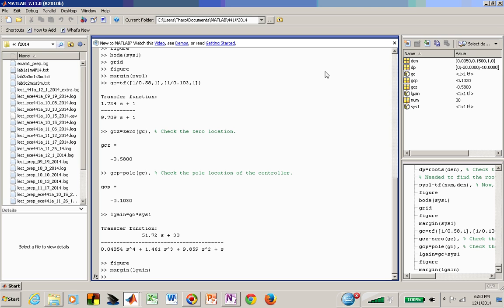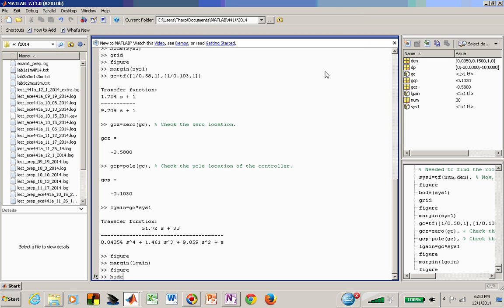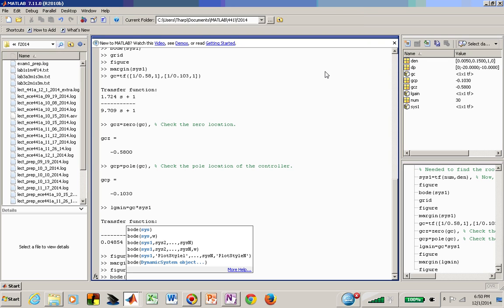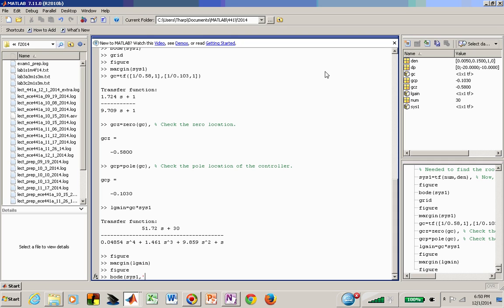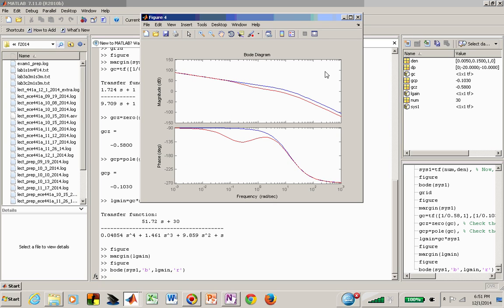If I wanted to, I could illustrate or compare the two different frequency responses. I can compare the original uncompensated, let me say that's in blue, with the compensated in red. And there is now how the phase curve gets shaped, and right at the gain crossover that we're after, the blue and the red curve are almost on top of each other, which is what we were trying to preserve.